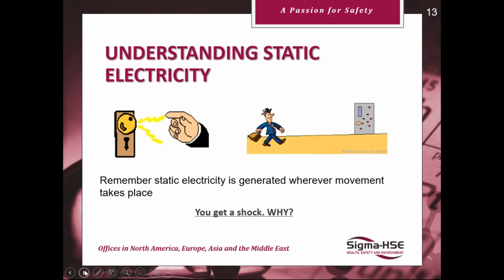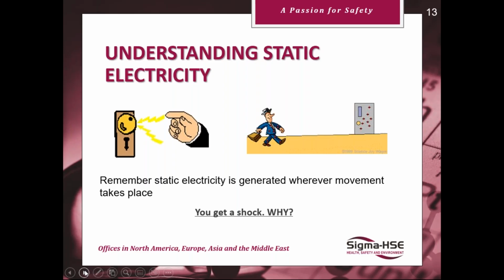So why do you get this shock? The main reason is the charge potential difference that you have. If you look at the man walking, he's walking along on insulated shoes, on insulated lino or carpet, and then he comes to an earth door.